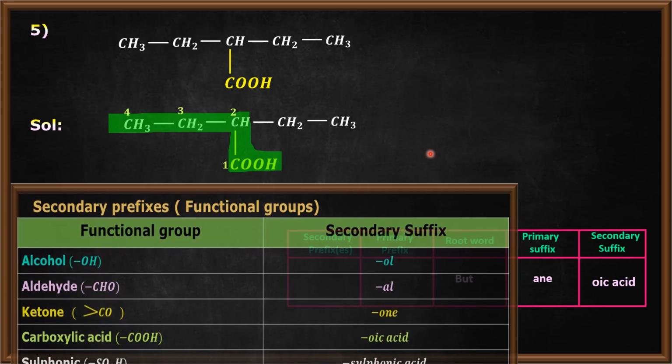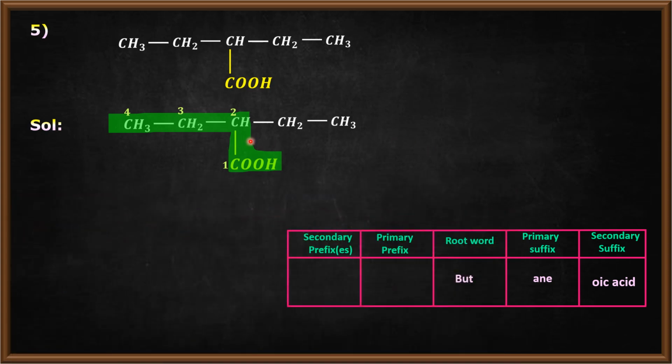Next, the C2H5 group attached to the second carbon atom is an ethyl group, a secondary prefix. So 2-ethylbutanoic acid.